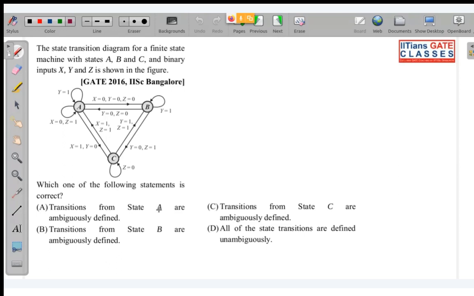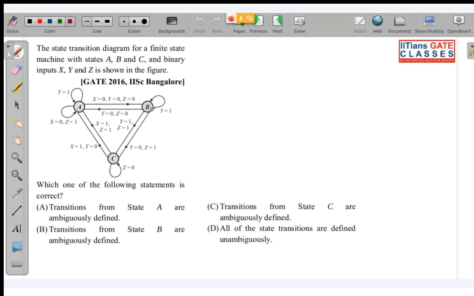For A, if the transition to B or C is defined ambiguously, it means it is confusing, there is no definite rule by which your state is transitioning. So ambiguous means a confused state. From A to B, if it is confused, you write option A: transitions from state A are ambiguously defined.